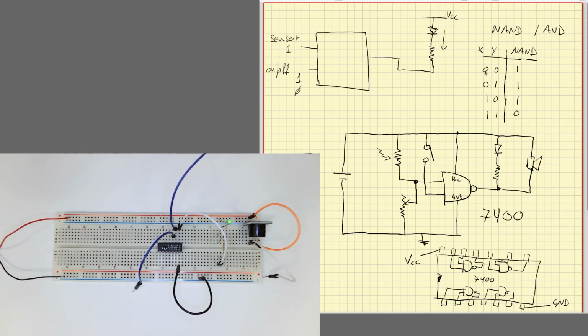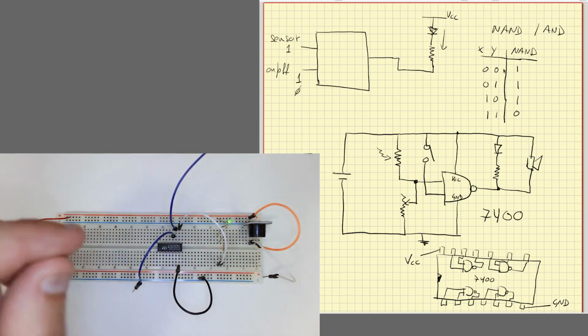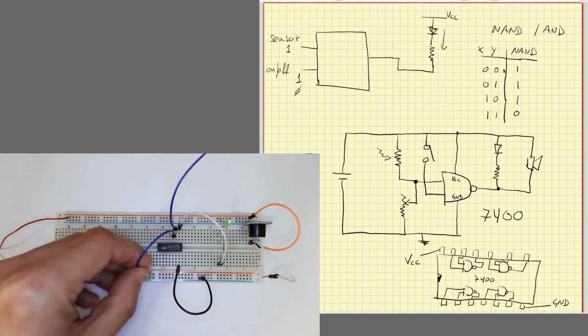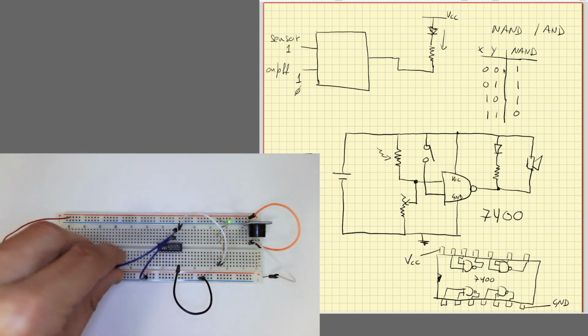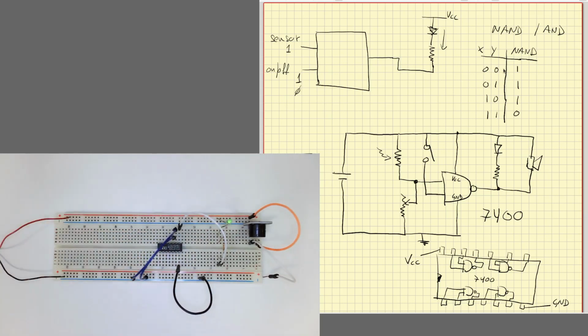If I connect both inputs to 0, which is down here, the output should be high.